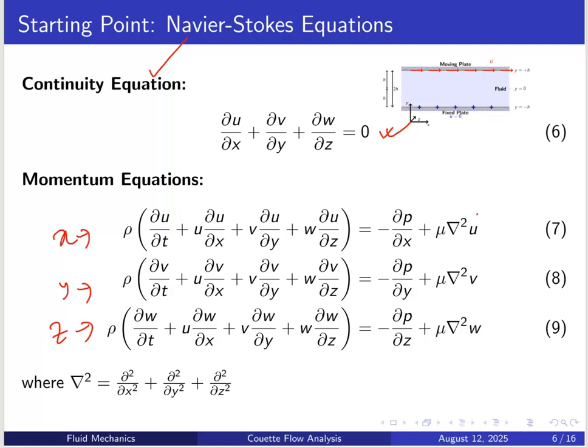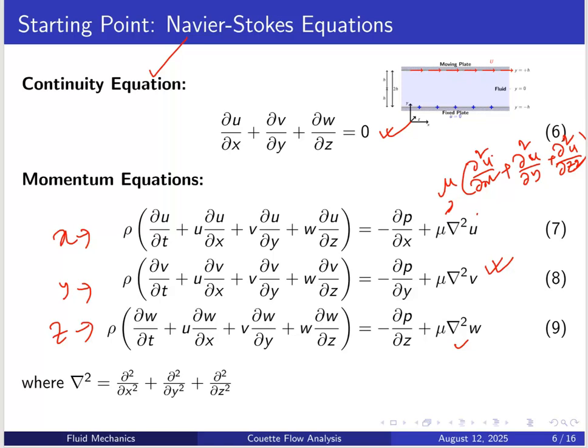Here nabla square means dou square by dou x square plus dou square by dou y square plus dou square by dou z square. So if I write that, mu into dou square u by dou x square plus dou square u by dou y square plus dou square u by dou z square. Similarly, for the other equations all the u terms become v, and then all the u terms become w.